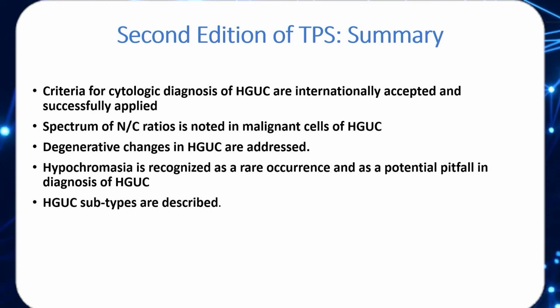And then degenerative changes have been mentioned as something to look out for. And then hypochromasia has also been recognized as a very rare occurrence and a potential pitfall in diagnosis, because if we are using hyperchromasia as a benchmark, then how do we recognize this? And then high-grade urothelial subtypes have also been described, and an attempt has been made to kind of corral them together in our criteria.